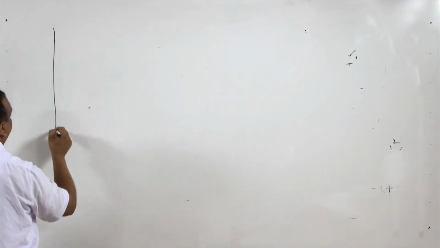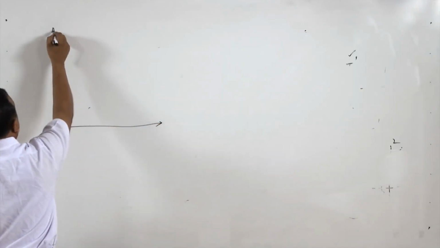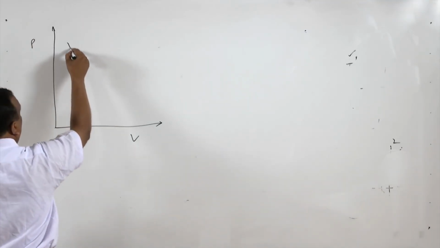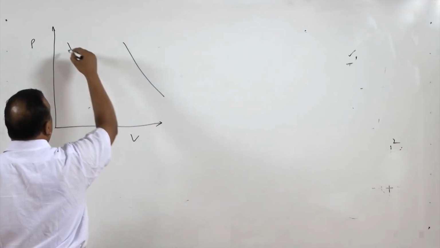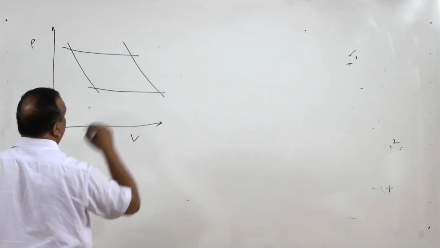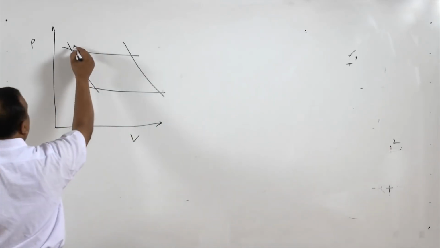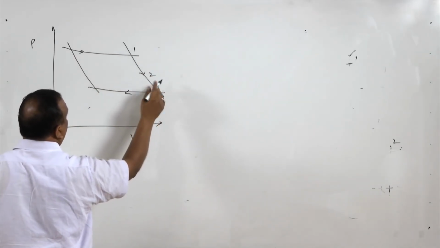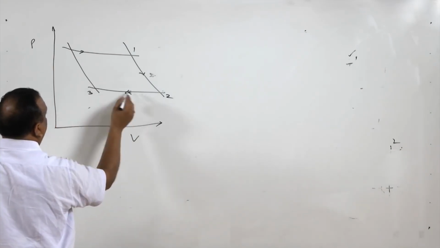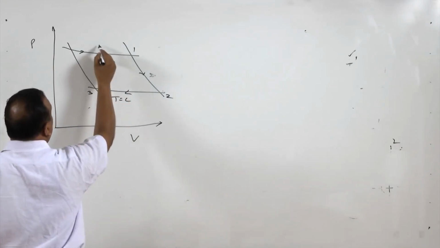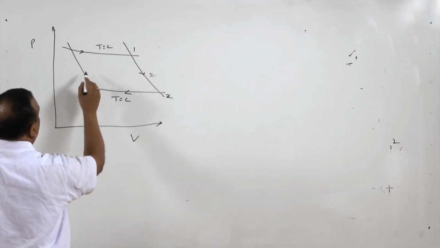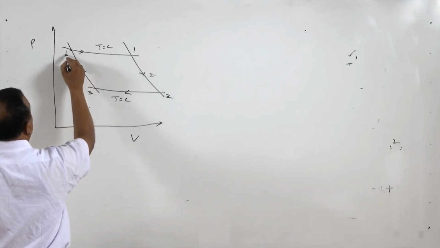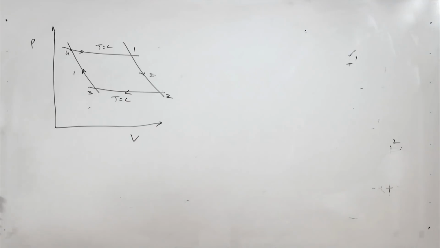If we show a Carnot cycle on a PV diagram, there are 2 adiabatic processes and 2 constant temperature processes. The process from state 1 to state 2 is adiabatic, state 2 to state 3 is constant temperature, and then 3 to 4 is again an adiabatic process.